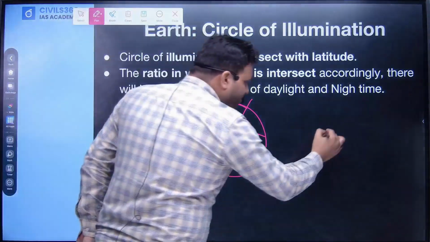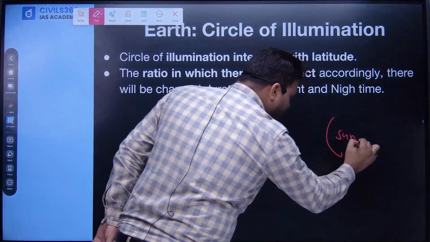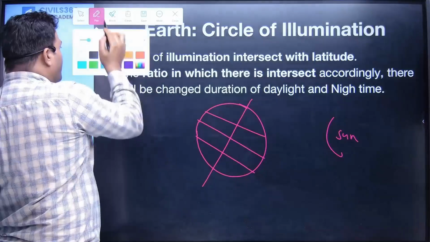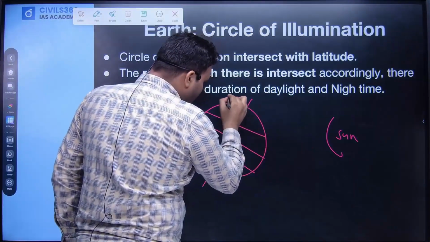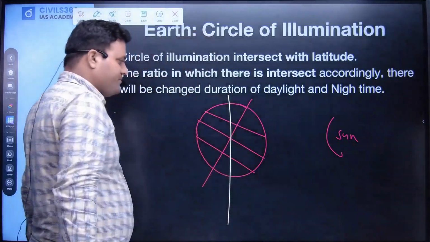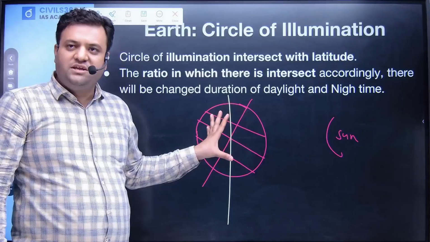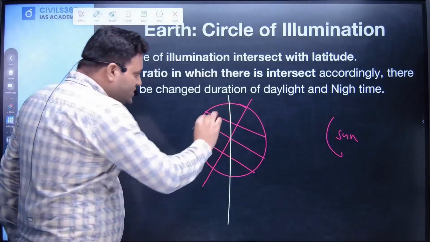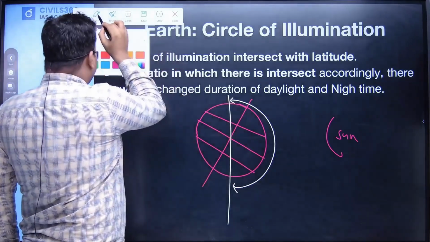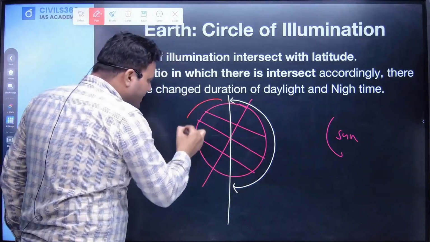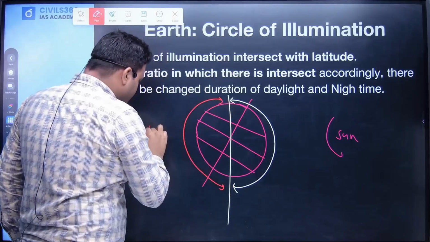Now I am lighting up the torch, the sun. Now what will the sun do? The sun will make an equal half. So this is the circle of illumination and this is the tilt. So this part will remain under day, and I hope you can relate that this part will remain under night.